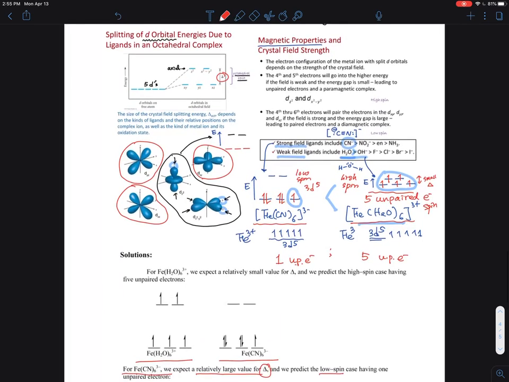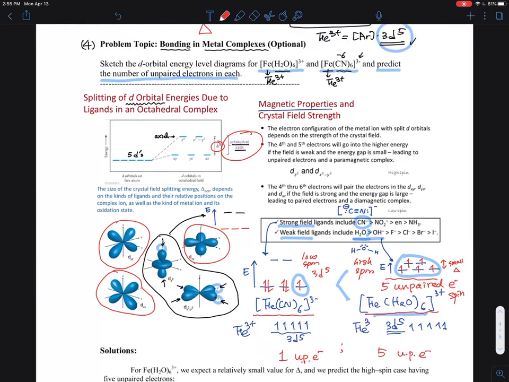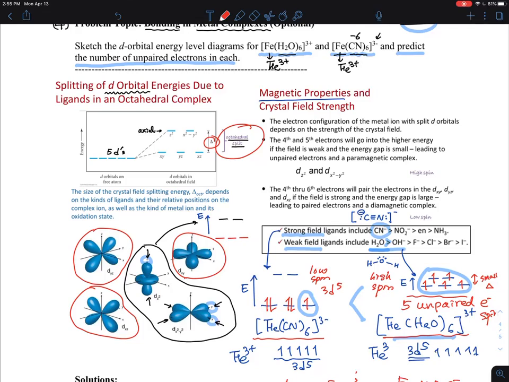That is the end of understanding this delta energy splitting and the octahedral splitting, so look for your lecture notes in this section.